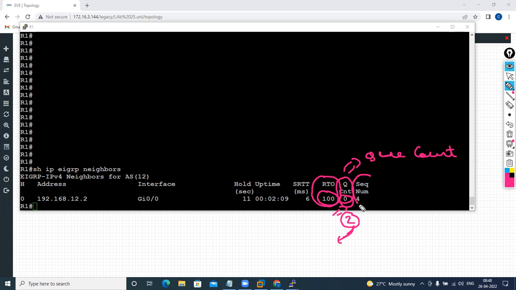So this is your sequence number. This is the number that will represent your last EIGRP packet received, whether it is a query, reply, or an update.